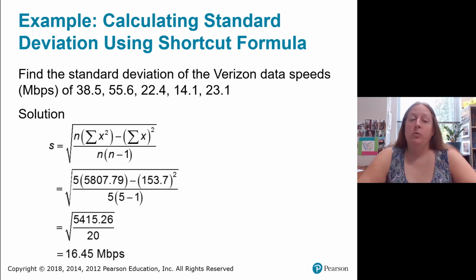In our denominator, we have 5 times the difference 5 minus 1, which is 5 times 4, or 20. So once we take the square root of 5,415.26 divided by 20, we end up with our standard deviation of 16.45 megabytes per second. Notice that they're the same, and in the second one, I didn't have to calculate the mean before being able to find the standard deviation.